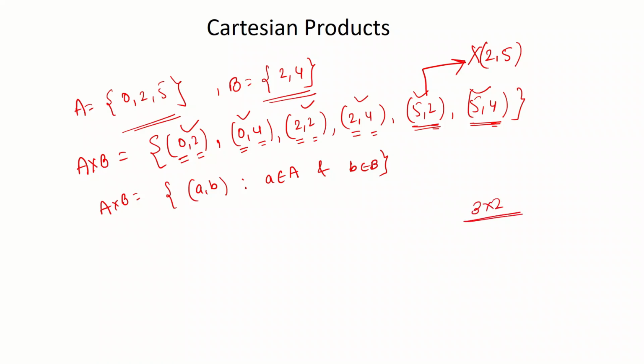If you are familiar with permutations, then the total number of these ordered pairs would be the number of elements that we can take from A, which is 3, times the number of elements that we can take from B, which is 2. So this is 3 times 2, which is 6. You will get a better understanding of the number of ordered pairs when you are through with the chapter on permutations.